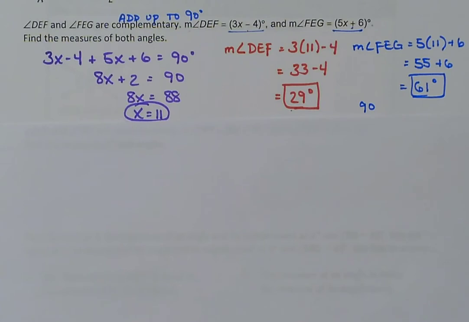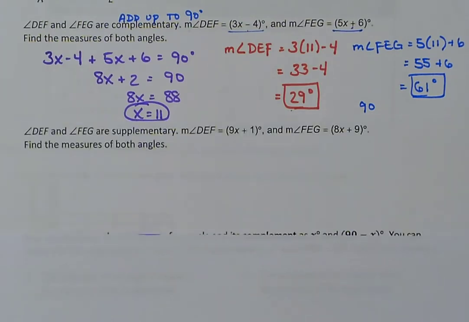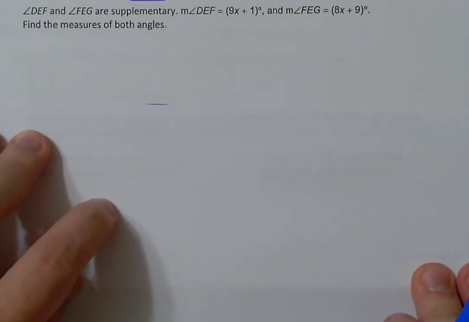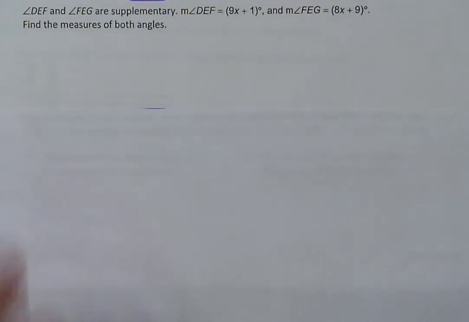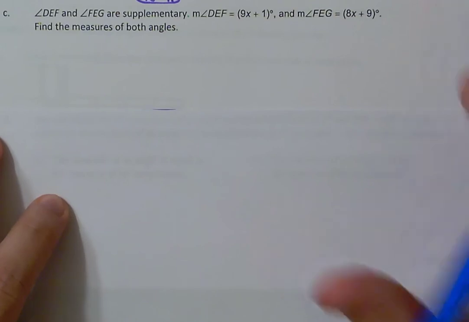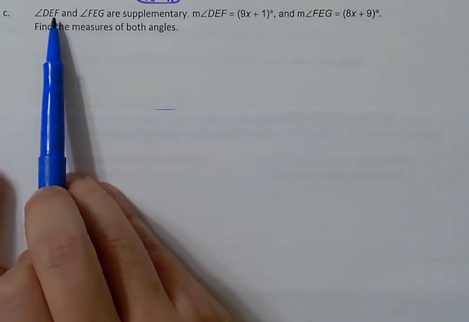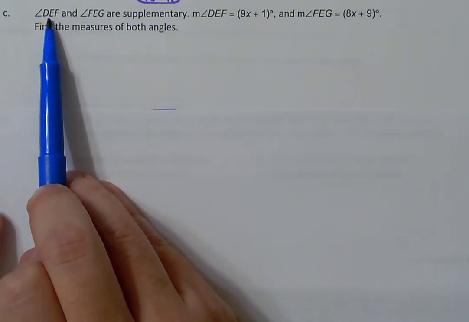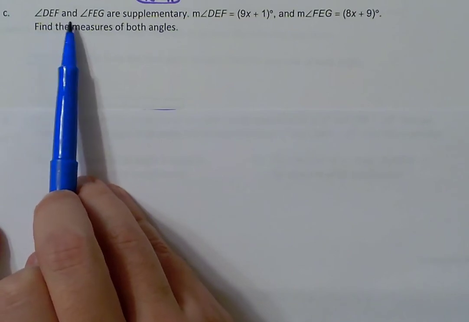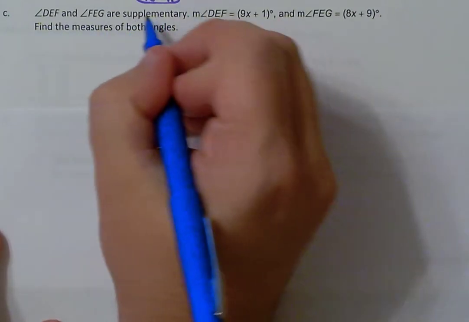So again, complementary means they add up to be 90, so I add those together and set equal to 90. Now, supplementary, on the other hand, means that my two angles are going to add up to be 180 degrees. So for part C, it states angle DEF and FEG are supplementary.